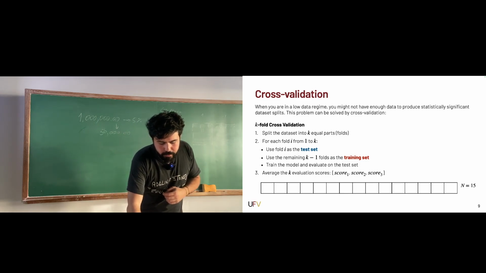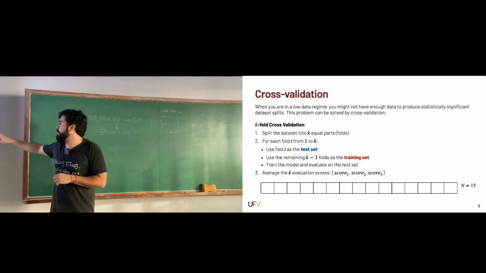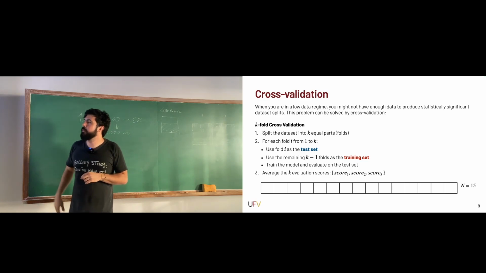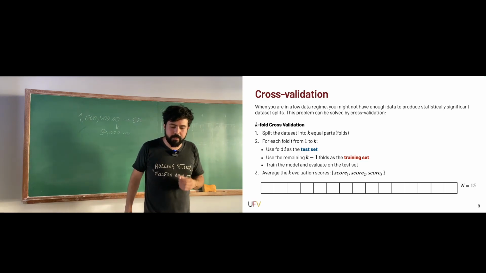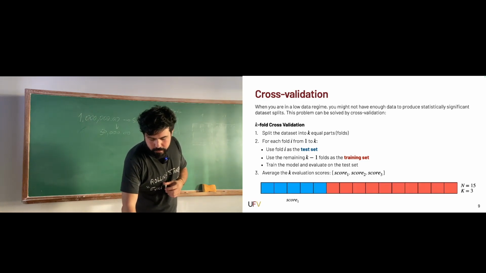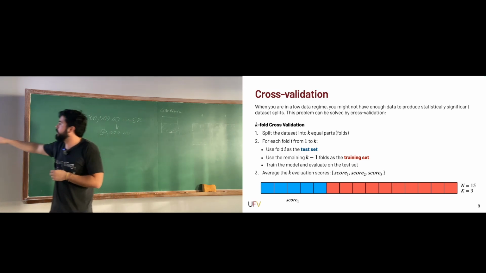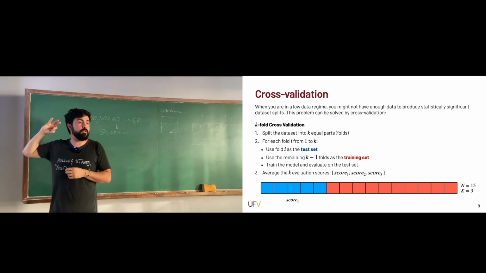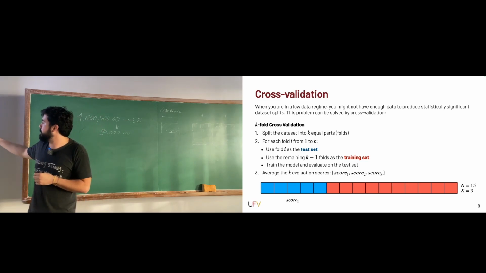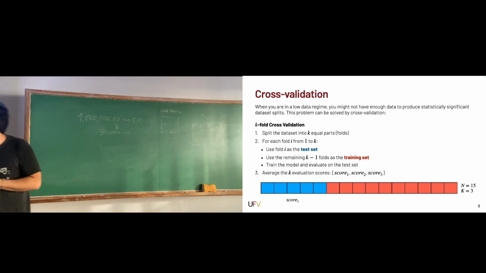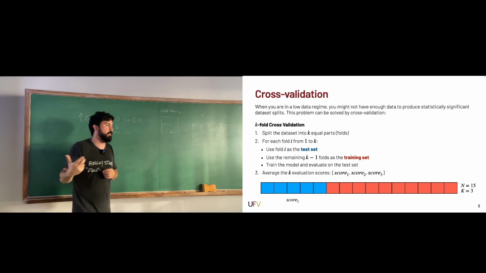So let me show you with an example. Here we have 15 data points. It's a very limited data set, right? So the way k-fold cross-validation works is like this. Consider k equals 3, so I'm going to have 3 folds. If I'm having 3 folds, the size of my fold is going to be 15 divided by 3, which is 5.